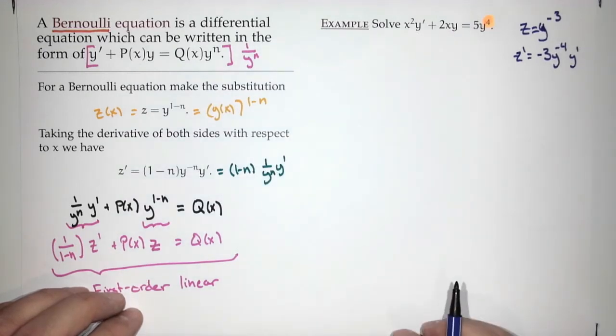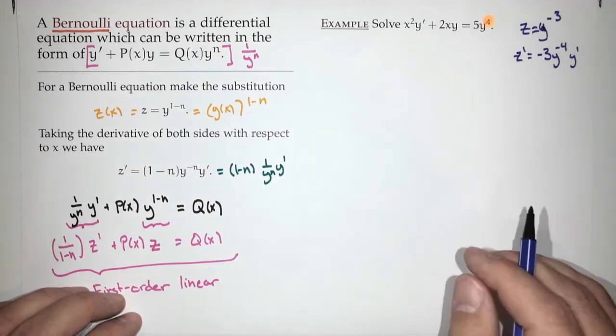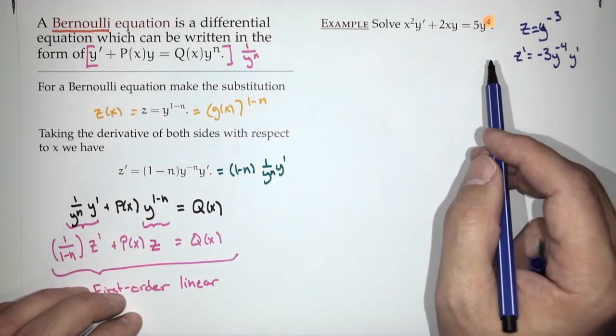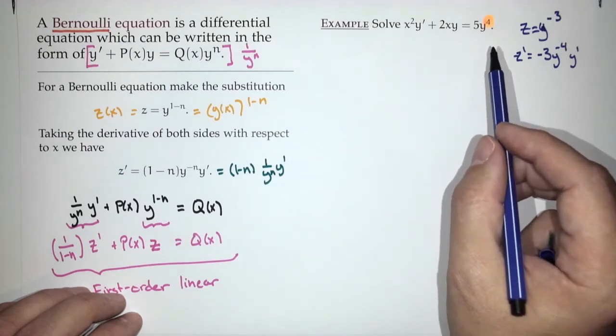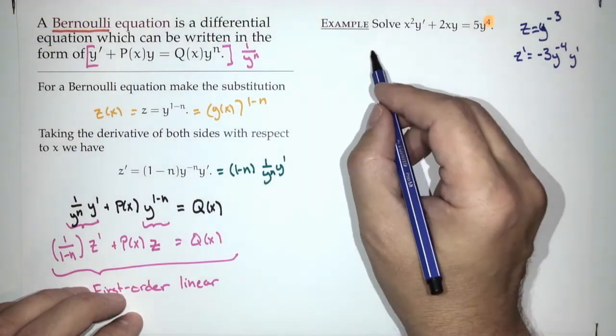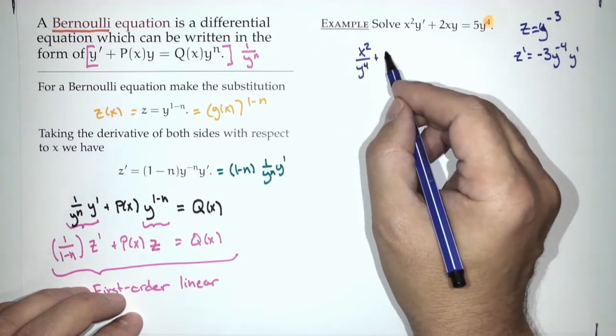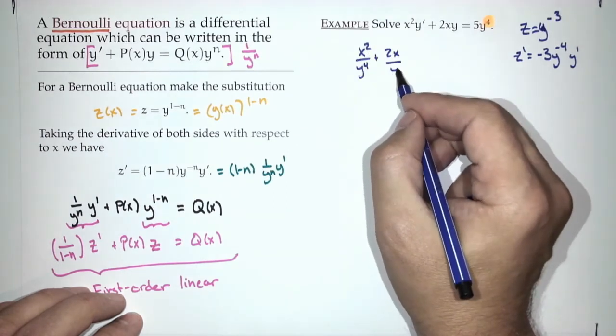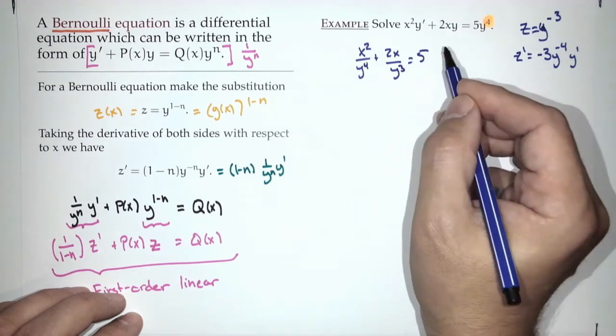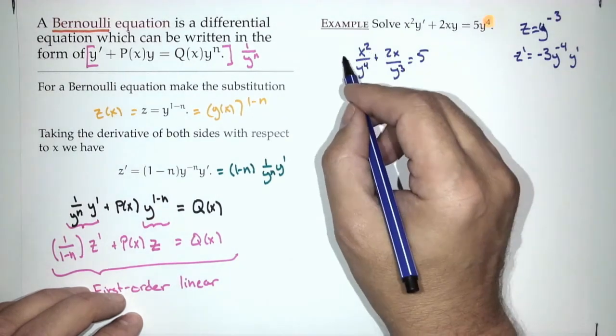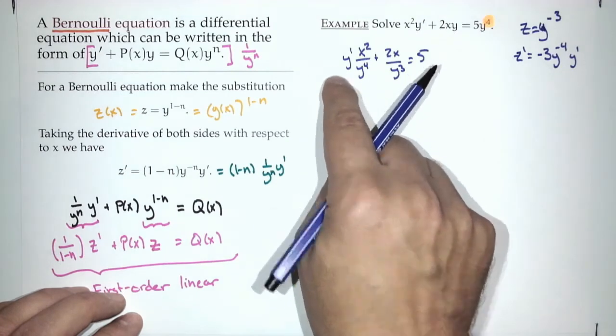That's what it'll turn out to be. All right, so we look at this, we say, okay, divide everything by that y to the 4 to help us get started. So we have x squared over y to the 4 plus 2x over y cubed equals 5. Oops, I forgot the y prime on the first term, but thankfully I had space in front.